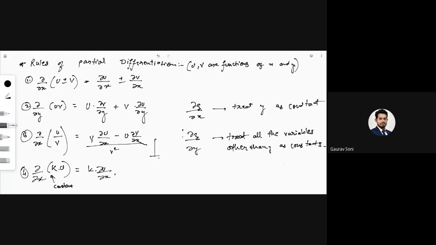And this is the meaning of partial derivative. Whatever variable you are differentiating with, leave it, and all of the other variables are constant. Fine.